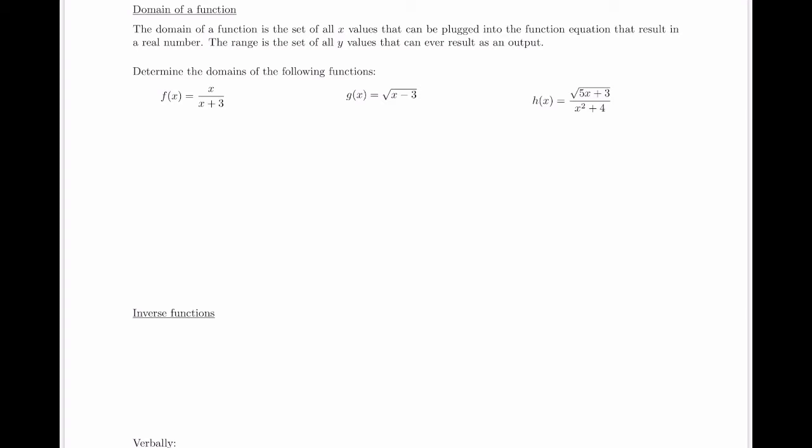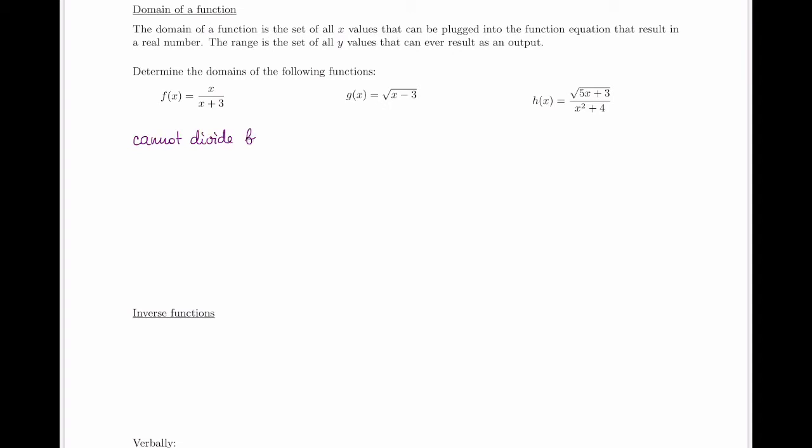But the domain is something that we're always concerned about because this will tell us exactly what values of x we can and cannot use as inputs into the function. So this first function here, I have x divided by something that also involves x. The moment you have a division sign, you're going to start being careful because, of course, we cannot divide by 0.